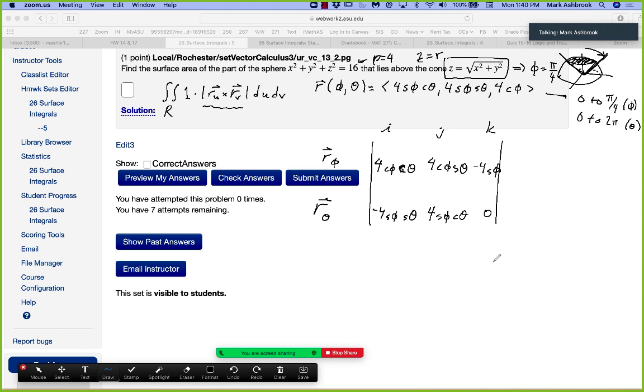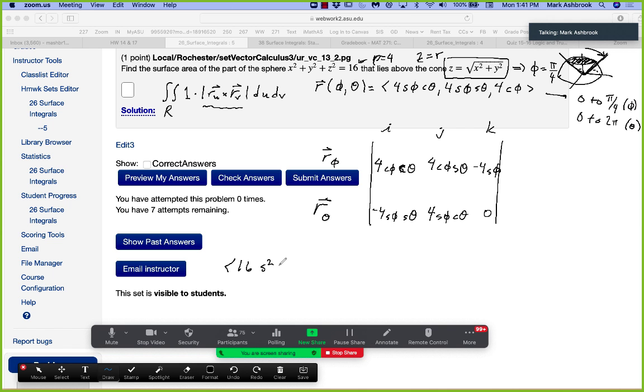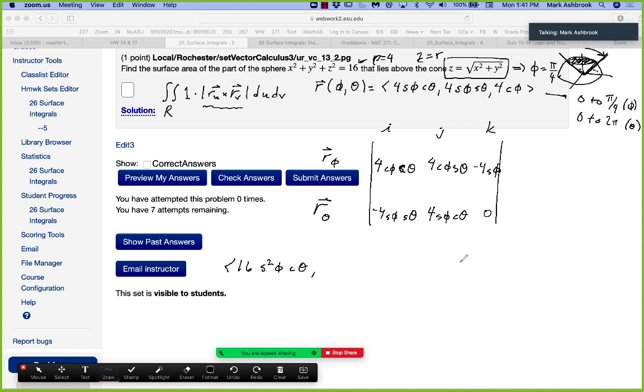Okay, ready to do the cross product. So I luckily gets a 0 to cancel out here, and then we're going to get plus 16 sine squared phi cosine theta. Not too bad so far. J gets a cancellation going down to the left. Down to the right, we get positive 16 sine squared phi sine theta.